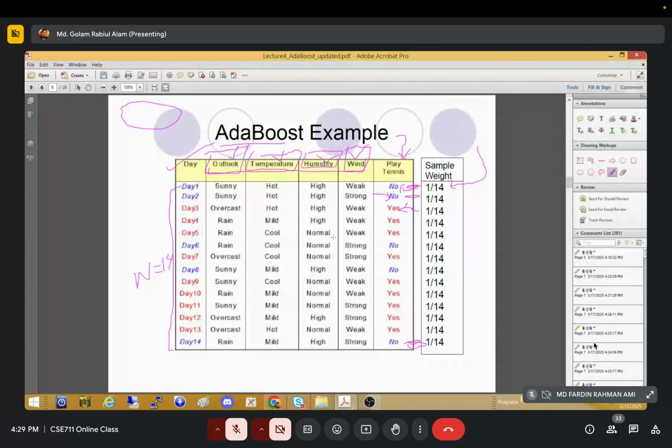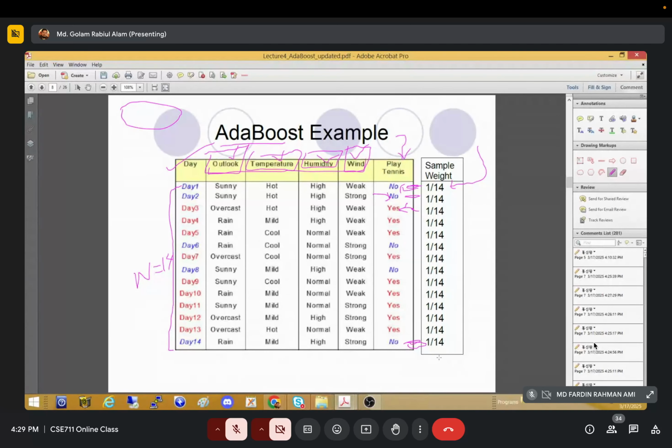But here in AdaBoost, we have to utilize all the features, no subset. To find these reductions of impurity, we will apply the same method that we discussed in our random forest lecture.